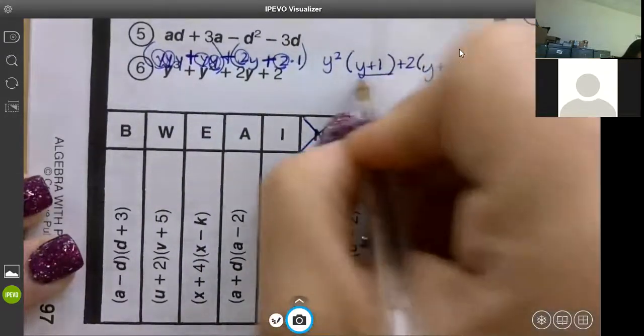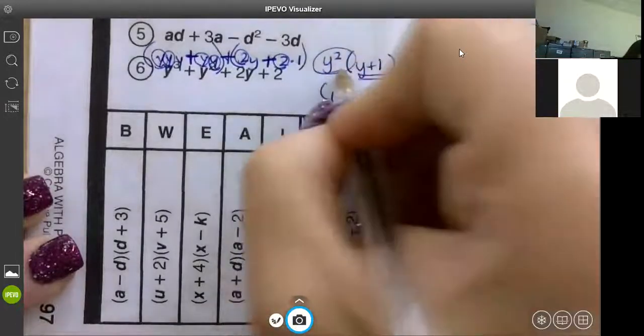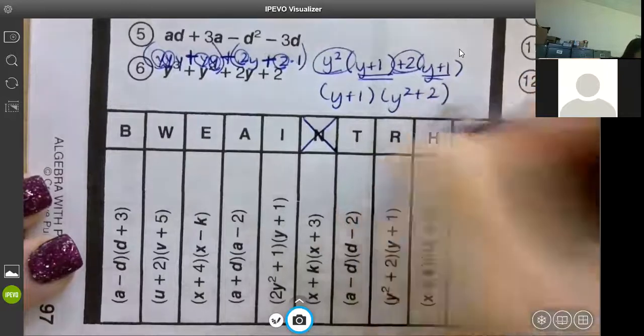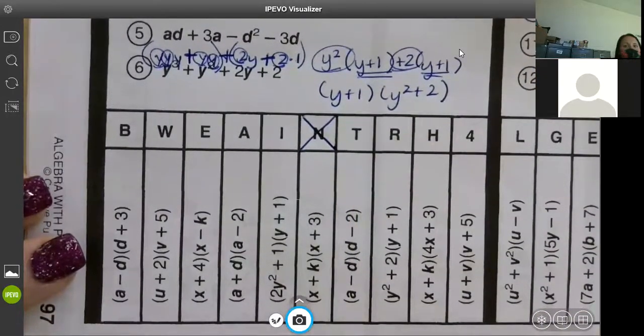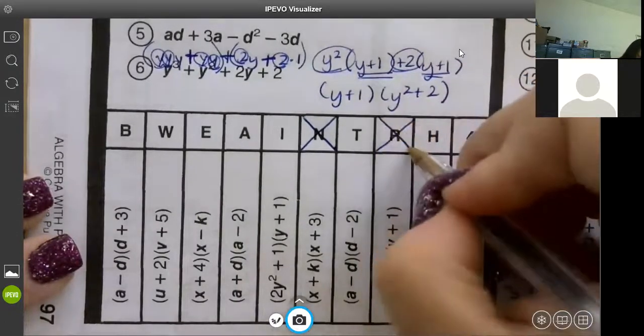Your parentheses are the same, so you know you did it right. So that's your first factor. And what we left outside, y squared plus 2, is the second factor. It does not matter what order these go in. Right here is my y squared plus 2 and y plus 1. So I'm marking the R out.